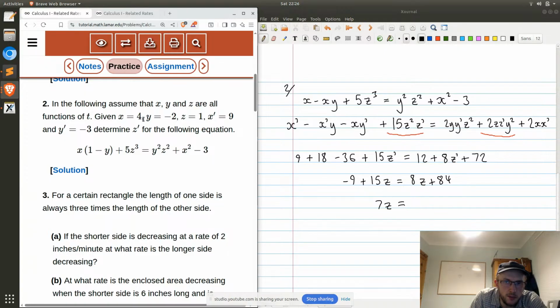So negative 4 times negative 3. Of course it's 12. It's plus 12.